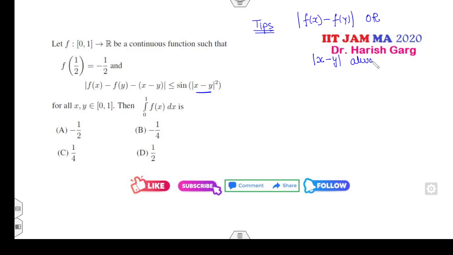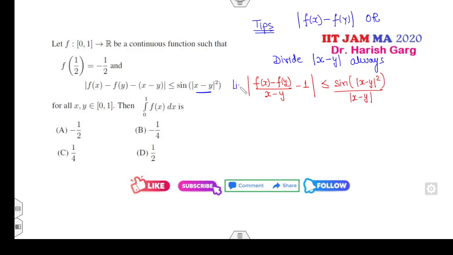The first value will be f of x minus f of y, minus 1, which is less than or equal to sine of mod of x minus y square divided by x minus y.